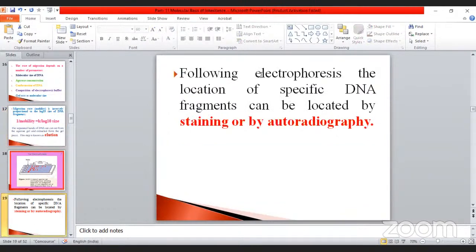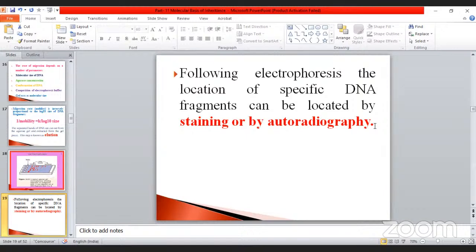Following electrophoresis, the location of a specific DNA fragment can be located by staining or by autoradiography. Suppose you want to separate the DNA fragments responsible for eye color or resistance to antibiotics, the resistance of tetracycline, or whatever it may be, any particular DNA fragments.